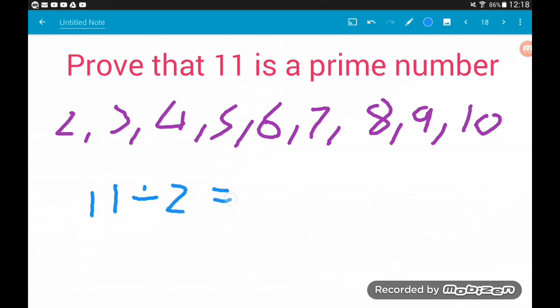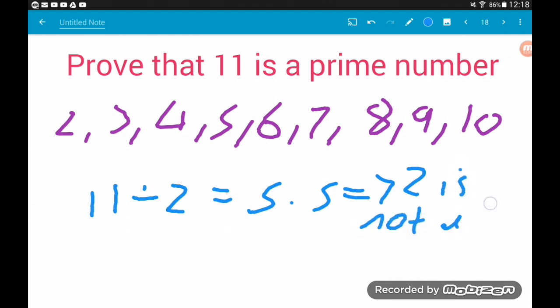Well, we're going to get 5.5. So 5.5 isn't a whole number, therefore, so we can get this notation going, therefore 2 is not a factor.